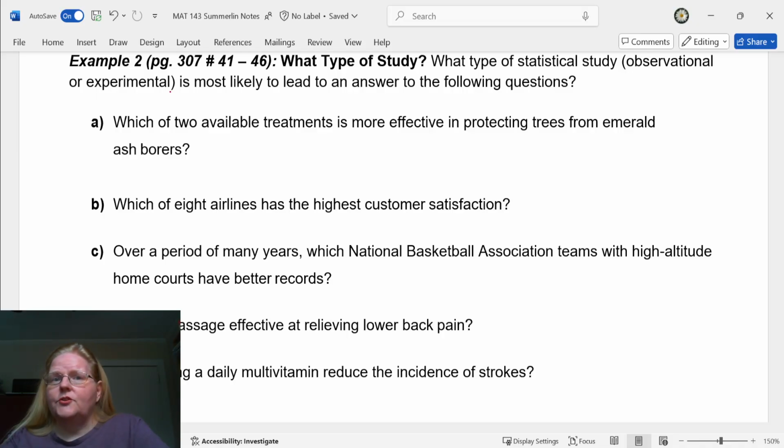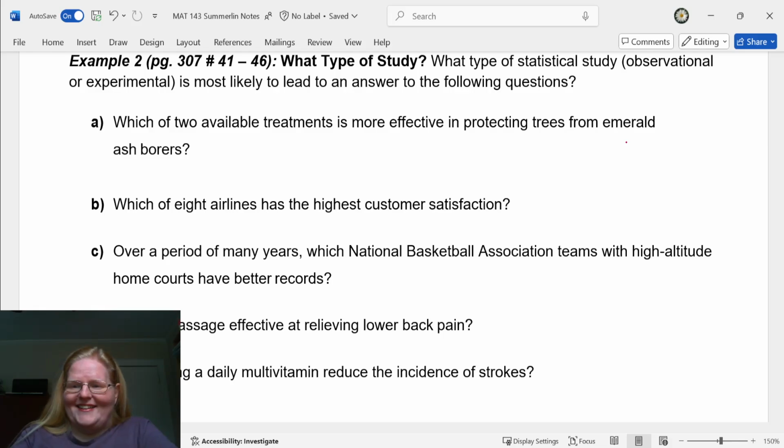If you can't tell me the treatment that they're using, then it definitely cannot be experimental. It must be observational. If you know that there's a treatment but you can't quite figure out what it is, then that's something we should probably be talking about. But I'm going to talk about all of them. That's why you need to pause the video. Okay.